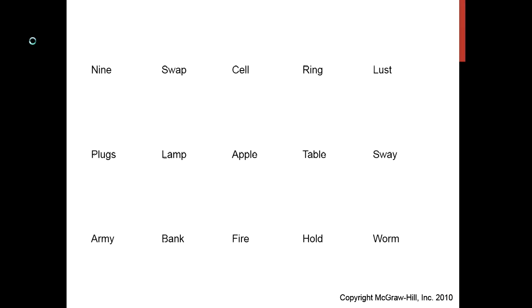Okay? Here's another example. Here's a list of words. I'll give you the next 15 seconds to look over these words. Now write as many of those words as you can remember.